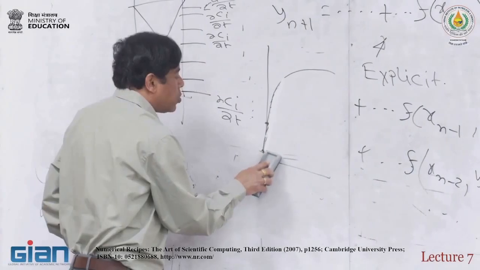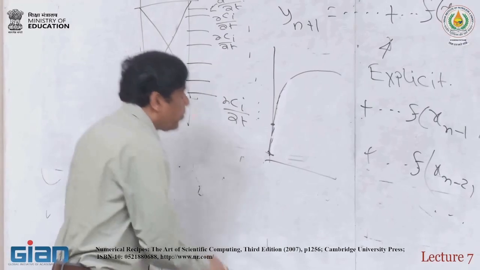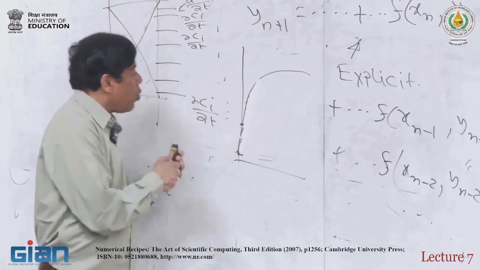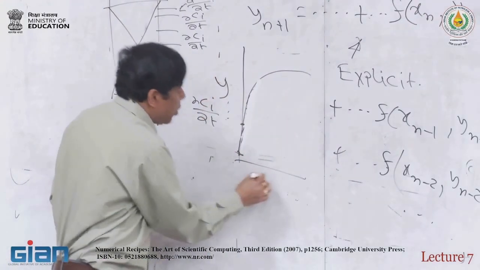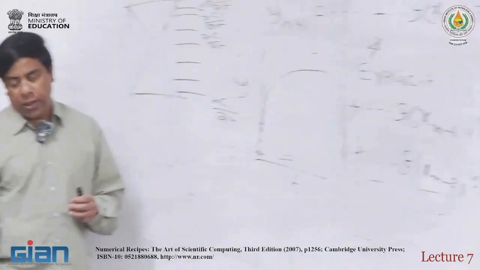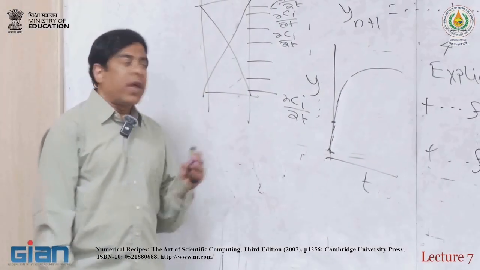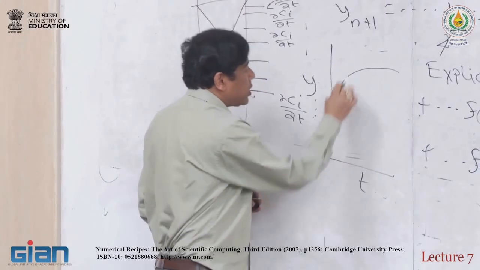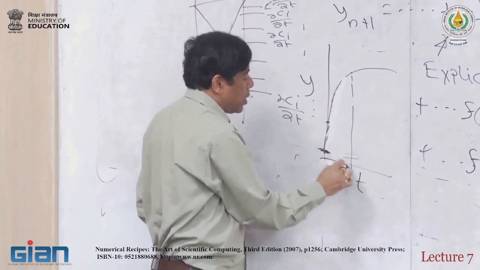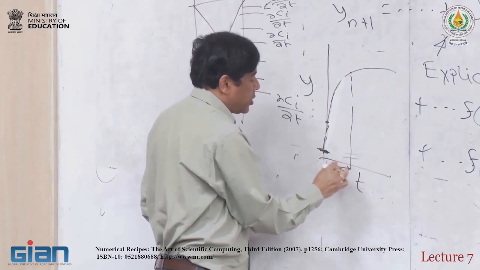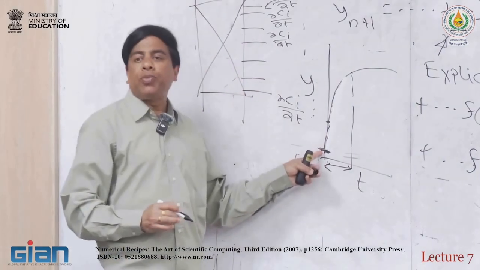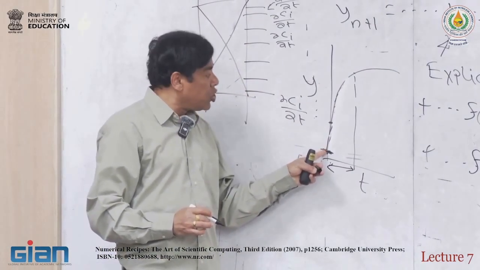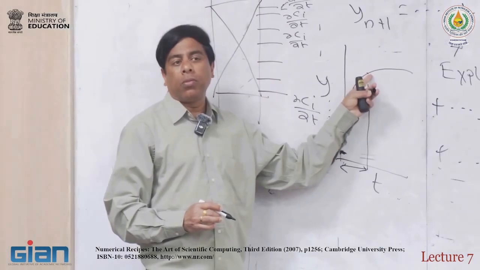Why does it matter to have the step size? Think of your y with respect to t changing like this. Say I have a large step size like this. How much is this variable changing? It is jumping from here to here.